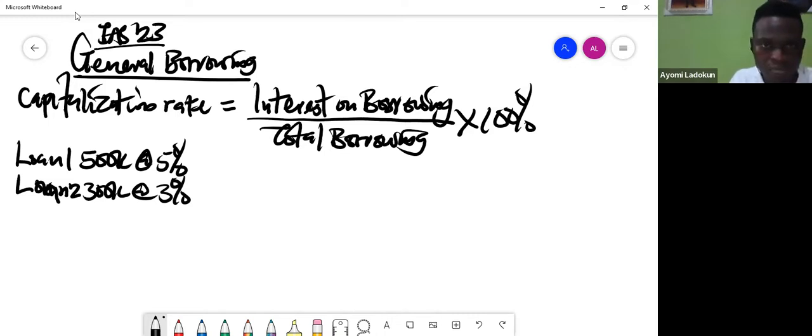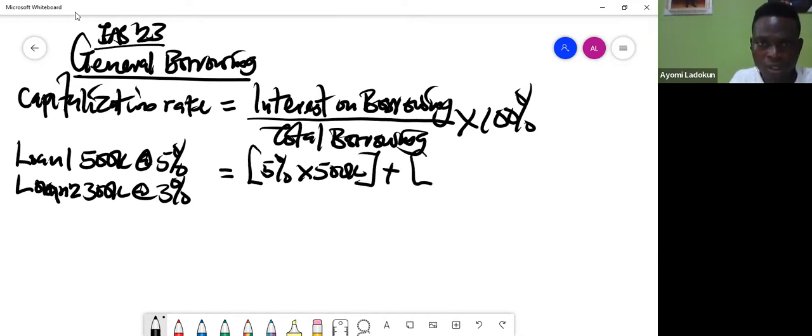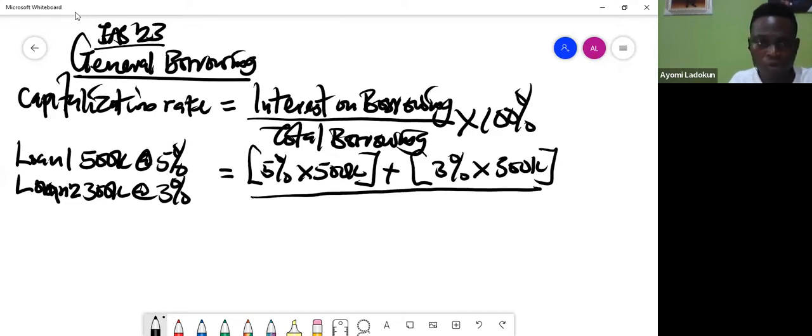My capitalization rate will be interest on borrowing. So what would that be? 5% multiplied by 500K plus 3% multiplied by 300K, then divided by total borrowing, which is 500K plus 300K.